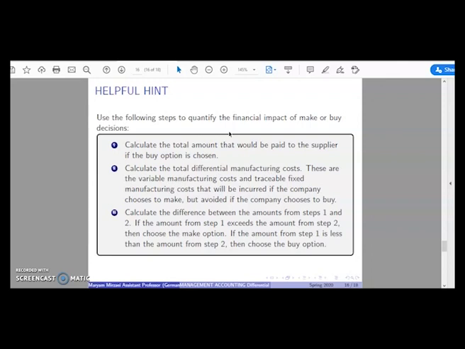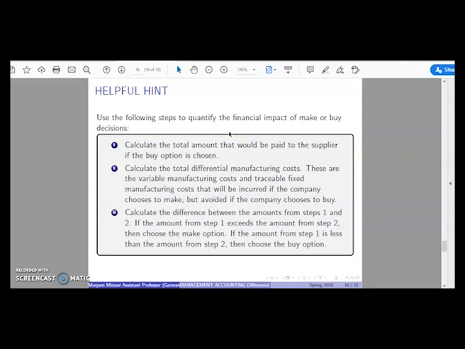We need to calculate both in this case. So once we calculate all the costs for making the product, including any opportunity cost in case of avoiding buying, or any variable cost or fixed cost which is relevant if we make the product.